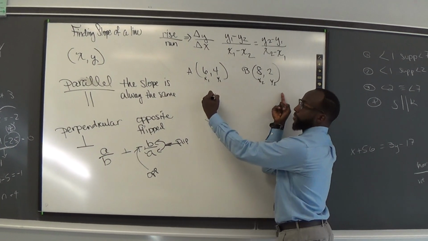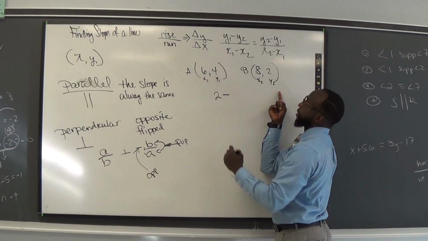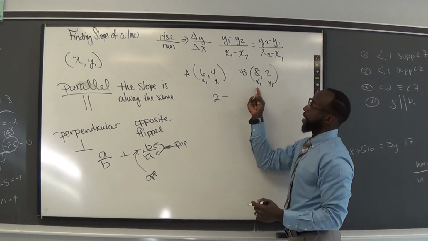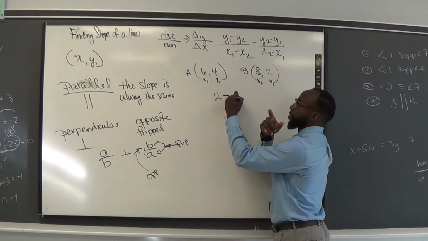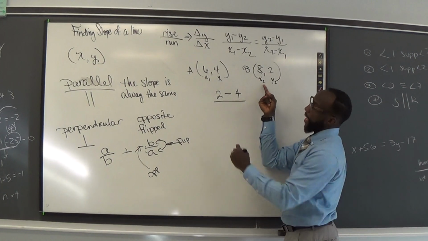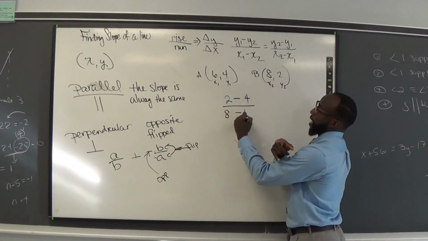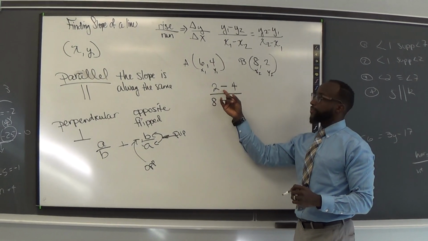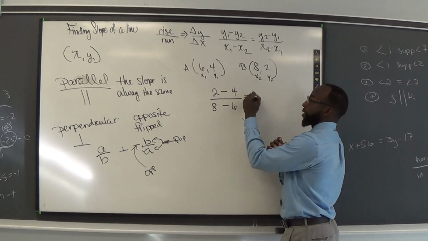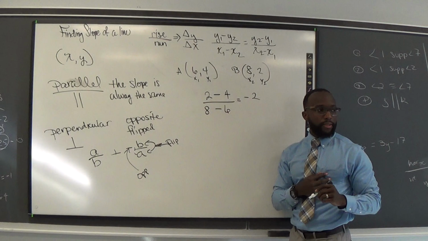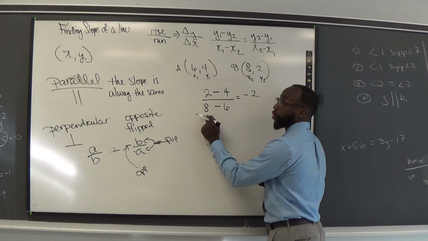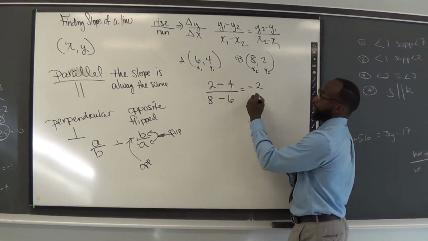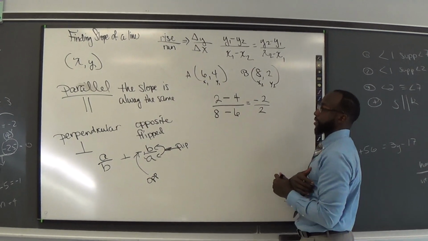Why can't we do y1 first? It can be. We can do it both ways. y2 minus y1, 2 minus 4, negative 2, over x2 minus x1, 8 minus 6, which is 2.